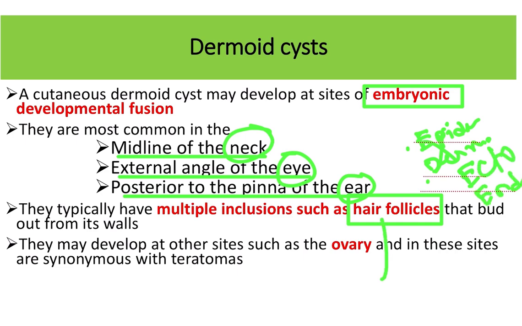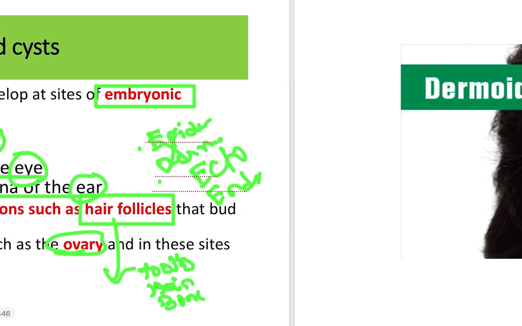That means this tumor may contain different substances: it may contain tooth, hair, bones, and more. The tissue develops from the ectoderm, mesoderm, and endoderm. This may also develop from the ovary, and these are synonymous with teratomas.